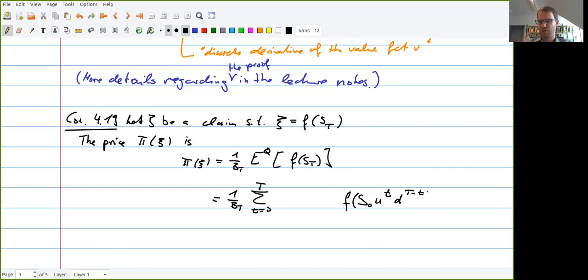So let's say we moved upwards t times, and then we move downwards capital T minus little t times. The probability that this happens on one tree is 1 minus, right? And the number of paths how I can reach this value is capital T over t, right? So here we are, that's it.